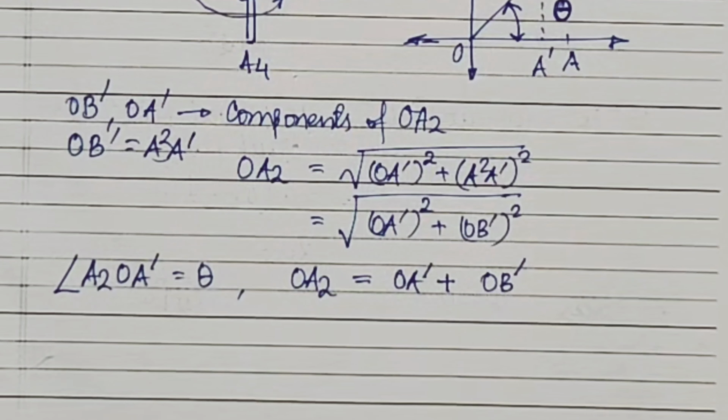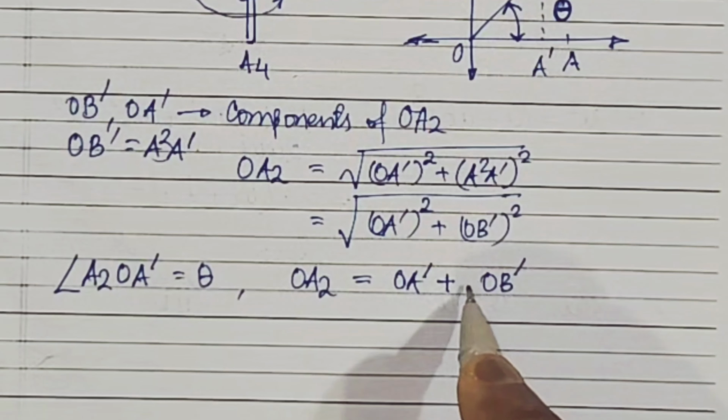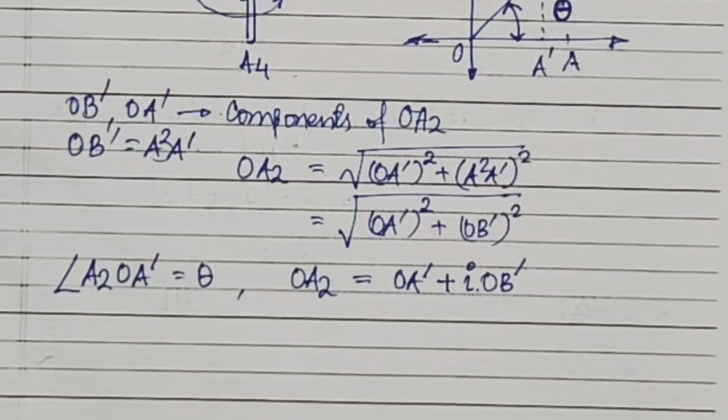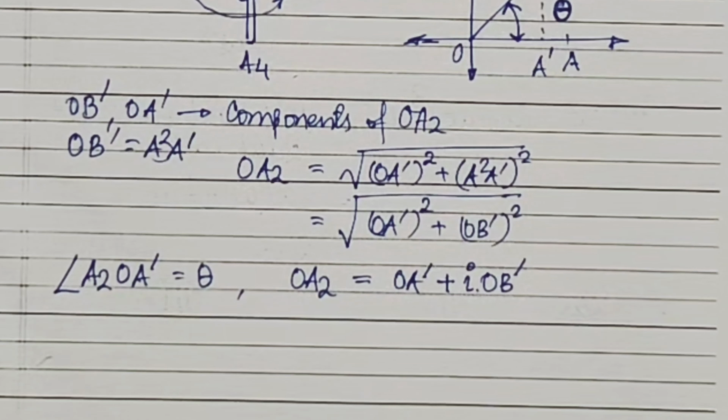But if you just write it like that, it really doesn't add up, right? Because OA prime plus OB prime is not actually OA2 in terms of the scalar magnitude. The way we do it is we mark it with a variable or symbol i. This i indicates that OB prime is at an angle of 90 degrees from OA prime.